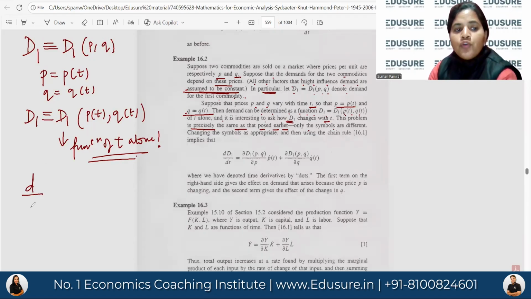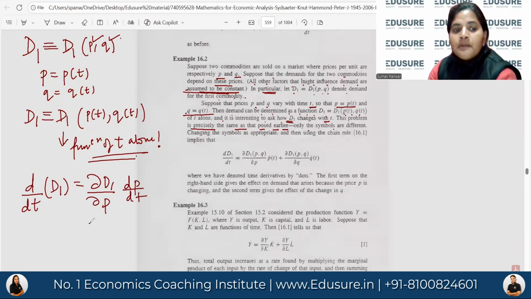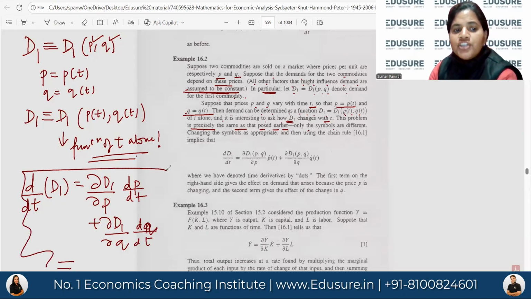So now suppose you want to find d by dt of D1. Note that D1 is dependent on two variables P and Q, so I will be calculating partial derivatives with respect to P and with respect to Q. So it is del D1 by del P times dP by dt plus del D1 by del Q times dQ by dt. This is my formula, and we can use the chain rule of derivatives in economics like this.